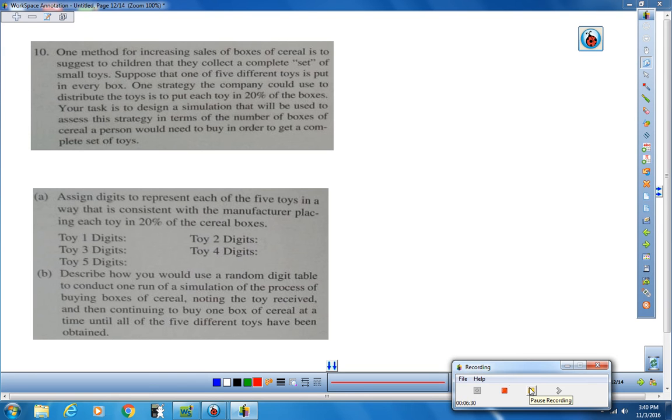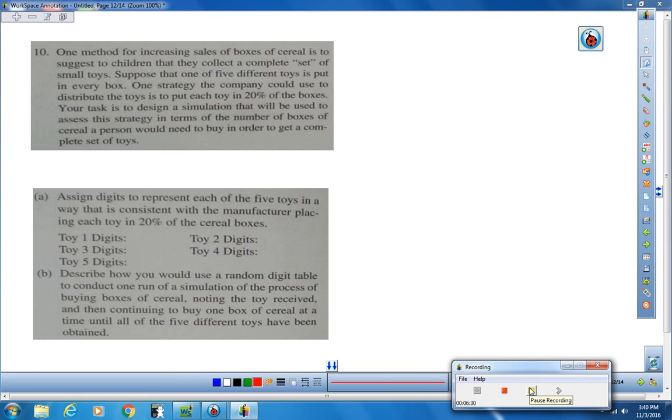So I think the easy way to do this is each one of these toys has to get digits that represent 20% of the total number of digits. So you could do 1 to 20 would be toy 1, and from there you can move on.